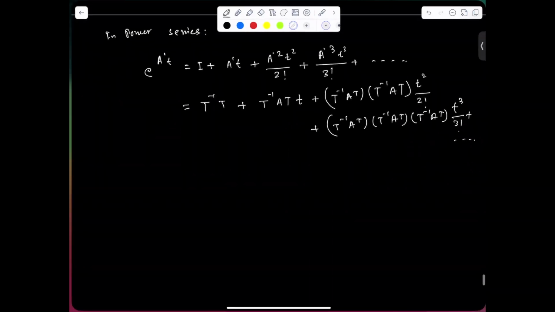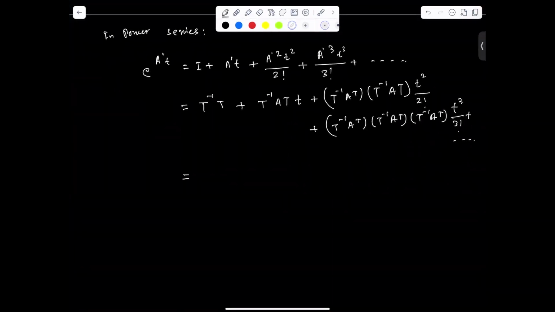So from this we can finally get the form T inverse T. For the next term, we can write T inverse AT T inverse AT. In this case, these two will give the identity matrix, right? And this will be the identity matrix.